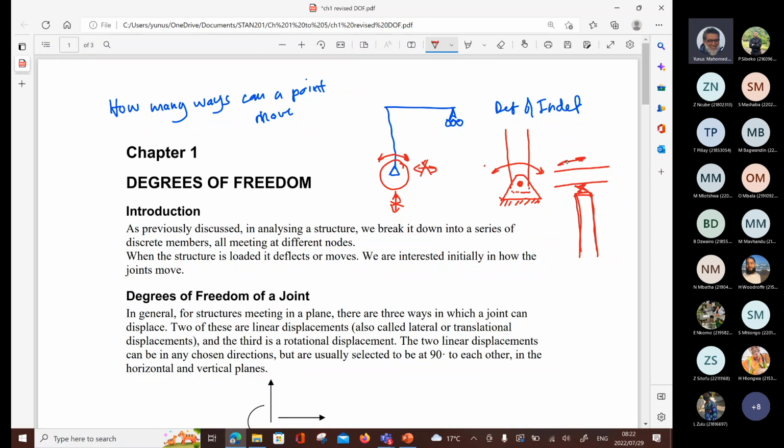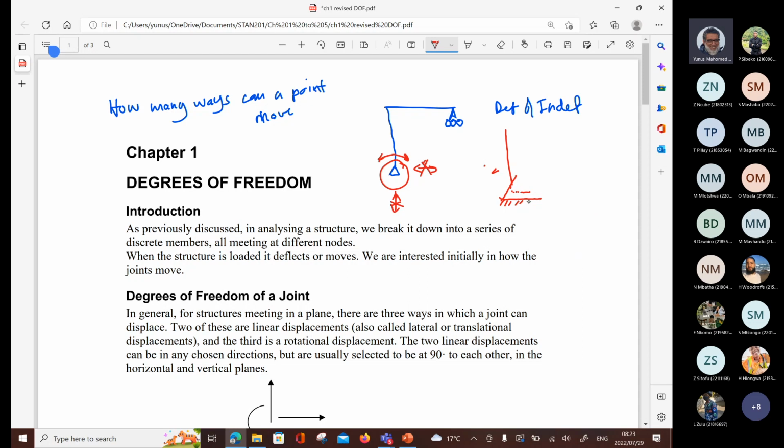As you get traffic moving over the bridge, it's not connected in that direction, it's connected vertically. So it transfers vertical force, but it allows the horizontal movement, okay? So that's a type of thing where you have a roller.